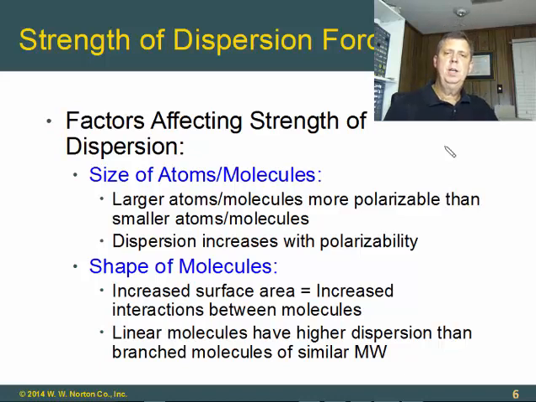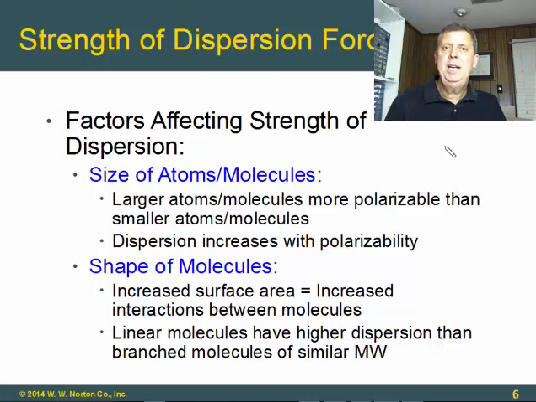Shape also makes a big difference, often called steric effects. If you have a linear molecule where two adjacent molecules line up side by side, you have kind of a cumulative effect. Polymers are, in many cases, nonpolar hydrocarbons, very, very long molecules, hundreds of thousands of atoms long in some cases.